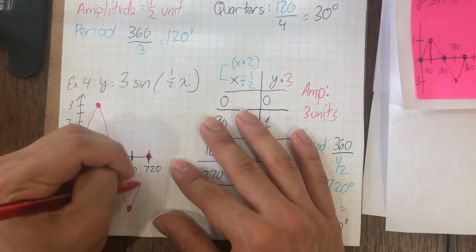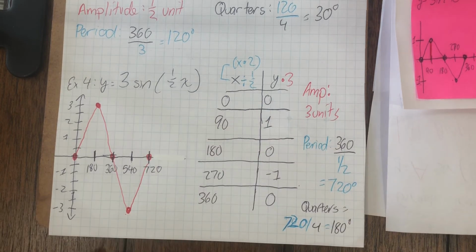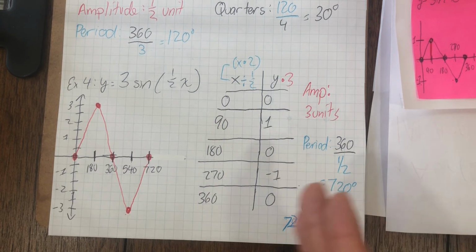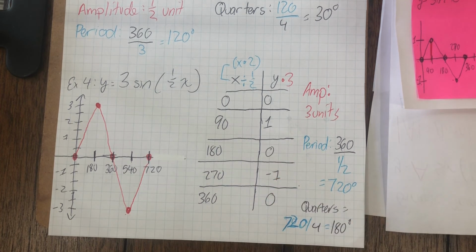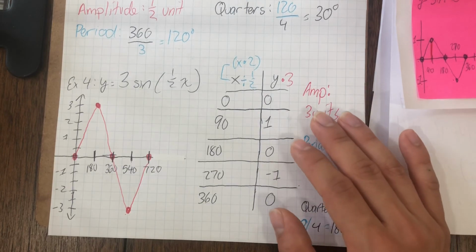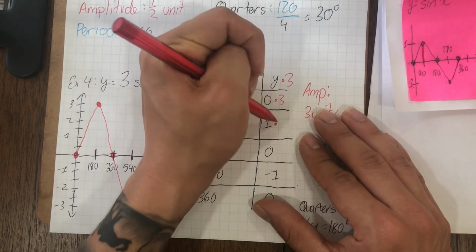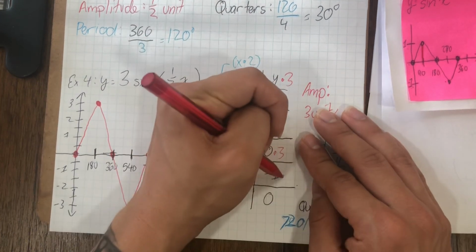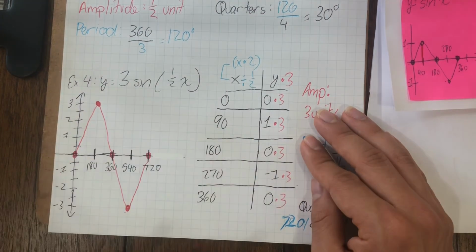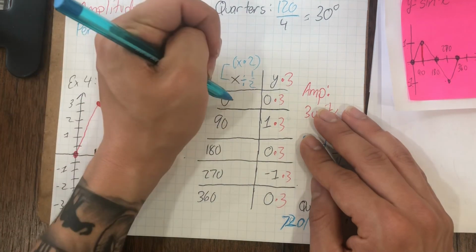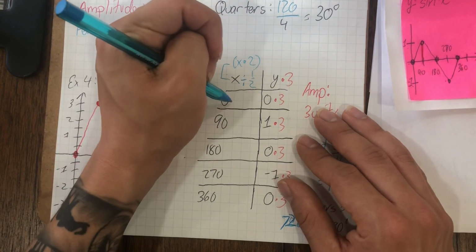So there's a few ways to go about graphing a trig function. Using an x and y table can definitely be helpful since we're pretty much used to making an x and y table. And if we were to make an x and y table originally and use the operations, you would multiply each y value by 3. And you would divide each x value by a half, or in this case, multiply by 2.